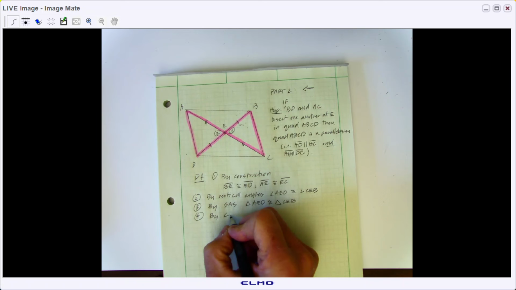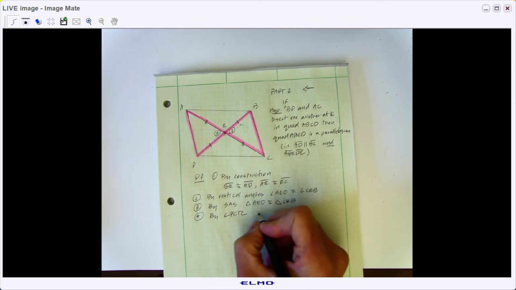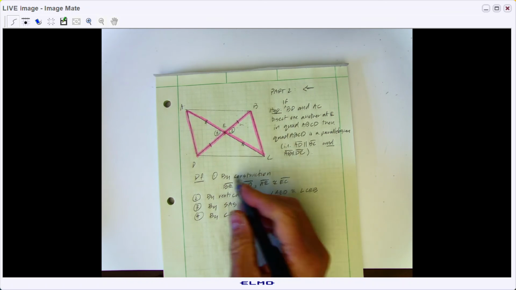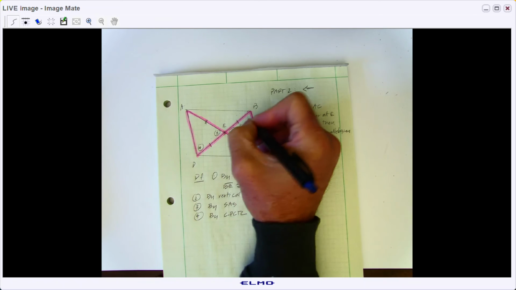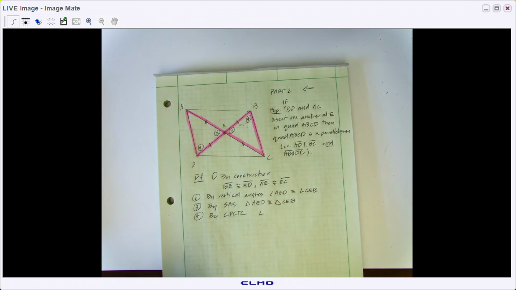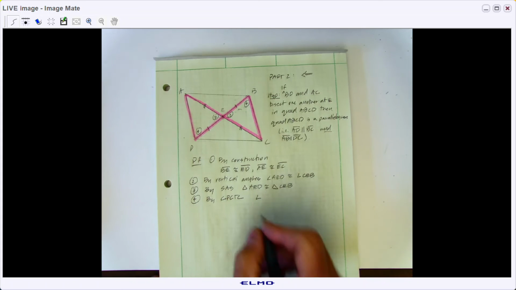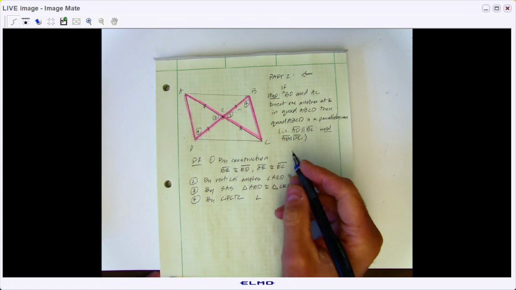By CPCTC, I want this one and this one to be the same, so I'll call this 4, just to mark where the idea is coming from.